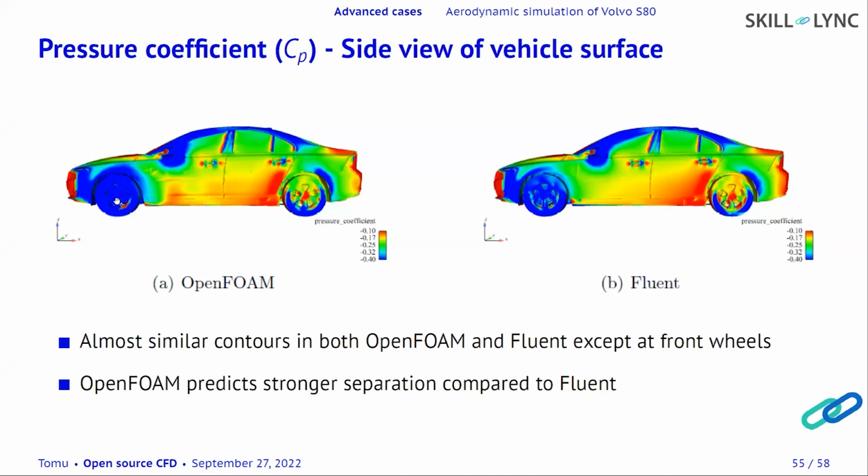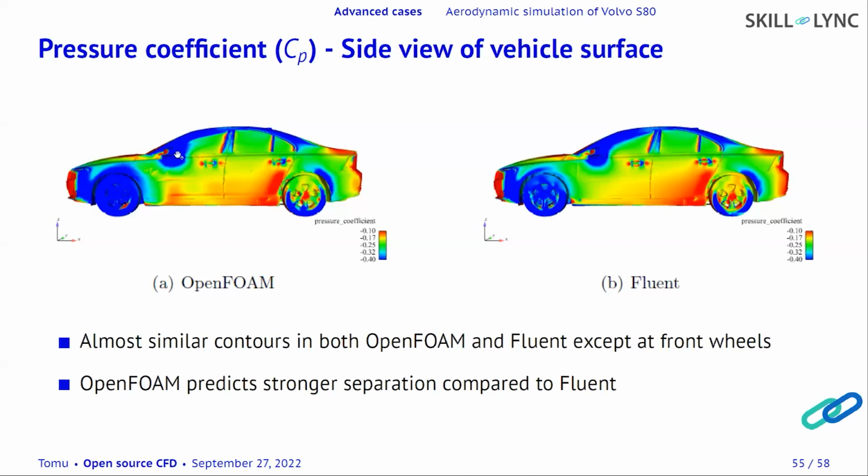So this means OpenFOAM predicts a stronger separation. This is the same thing that we noticed in the previous slide. In OpenFOAM at the mirror region, it showed a higher separation, and in the front tire region also it is showing higher separation.